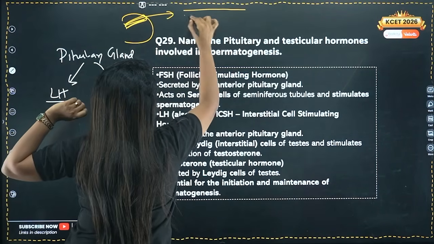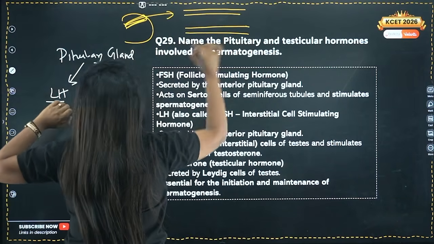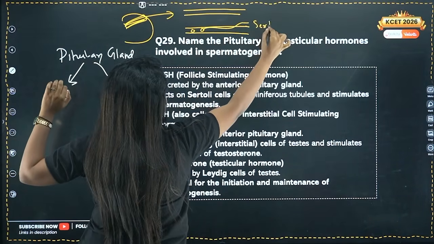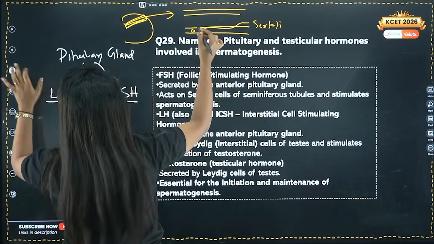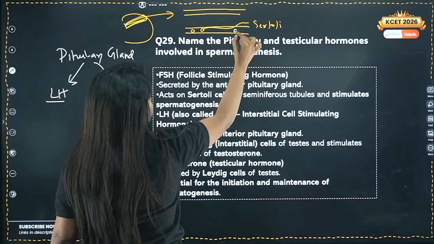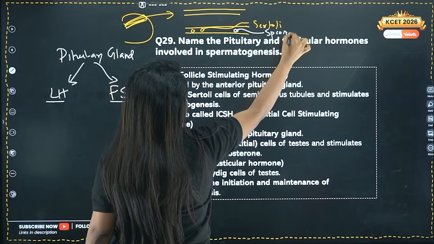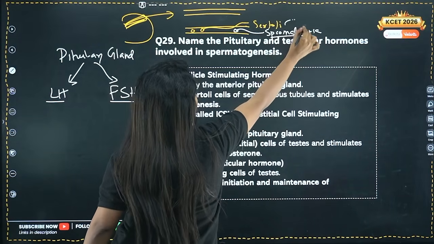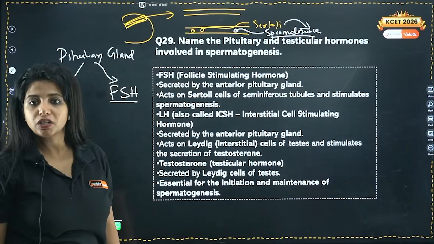Suppose this is a seminiferous tubule, this is also a seminiferous tubule. Here you have certain cells which you call Sertoli cells. And here you also have certain other cells which you call spermatogonia, something that will form sperms later on, but only if nourishment is provided by Sertoli cells.